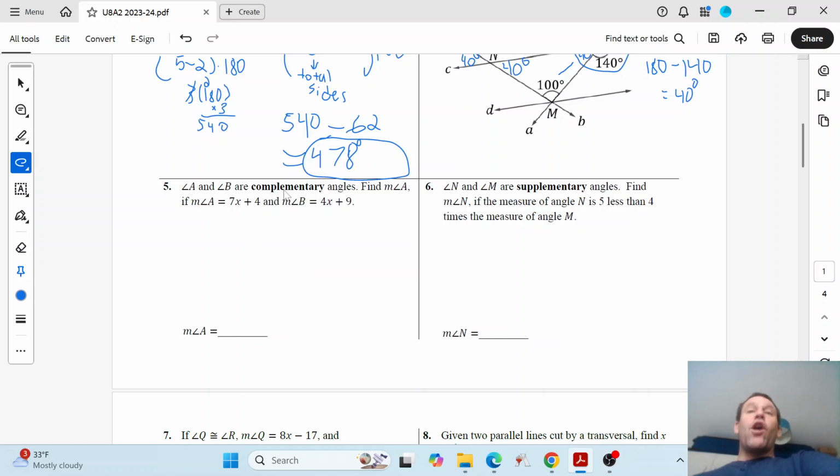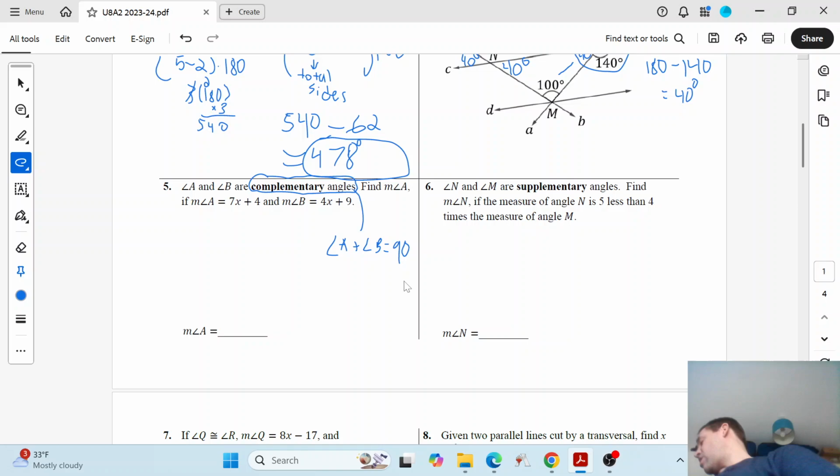So angle A and B are complementary angles. Complementary angles means that they add together to equal 90 degrees. So angle A plus angle B should equal 90 degrees. Supplementary is 180, but complementary is 90 degrees.